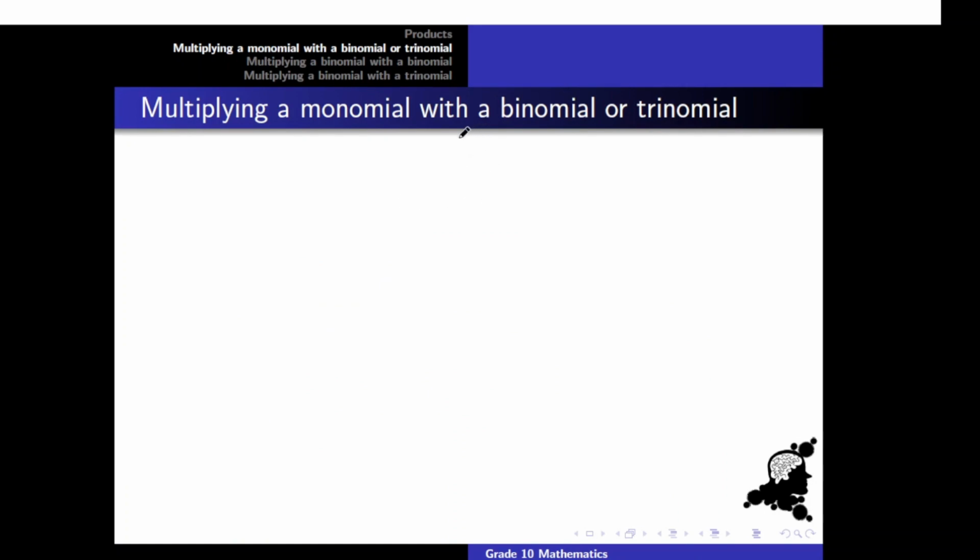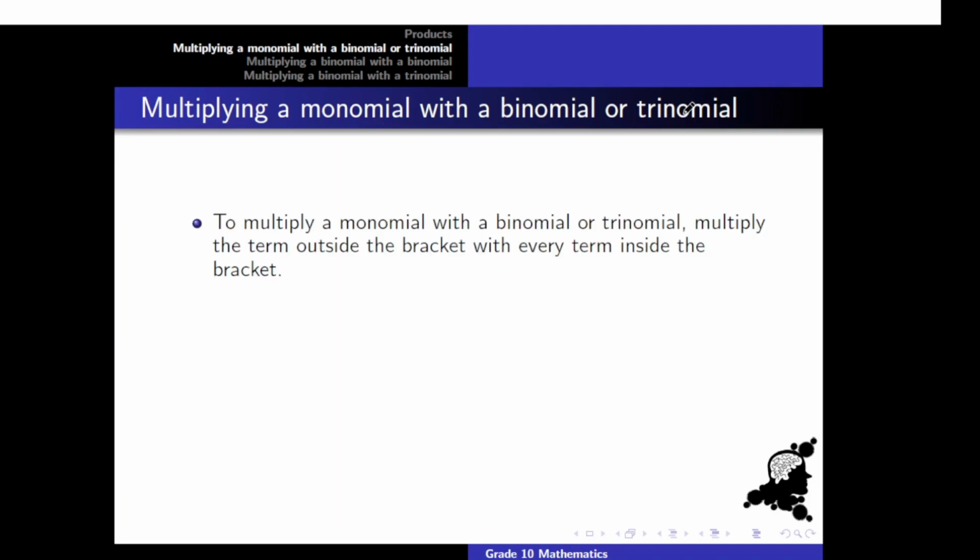What do we do when we multiply a monomial with a binomial or a trinomial? To multiply a monomial with a binomial or trinomial, we need to multiply the term outside the bracket with every term inside the bracket. Please take note of this. The term outside of the bracket must be multiplied with every term inside the bracket.